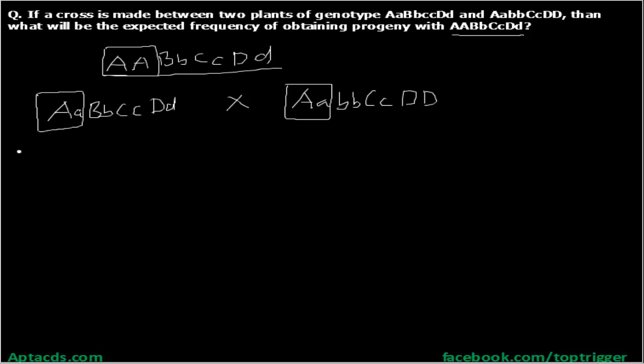So for gene A, the following cross can be studied, that is capital A into capital A. Now this is going to produce this genotype.